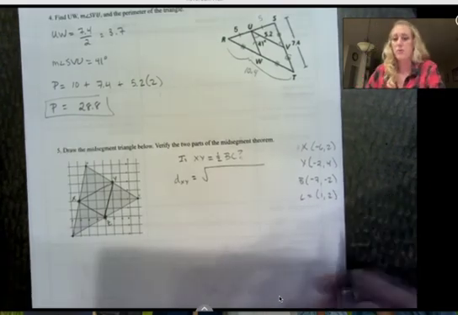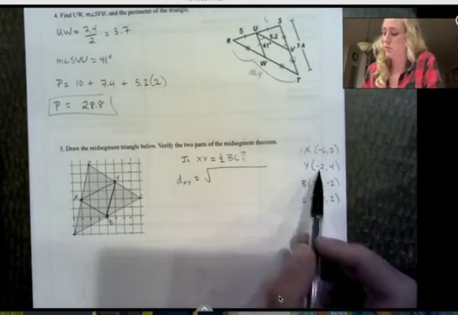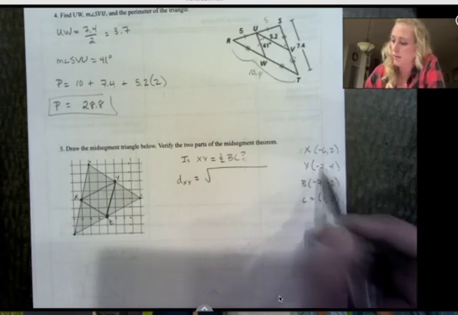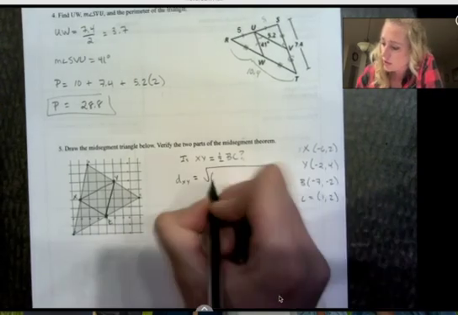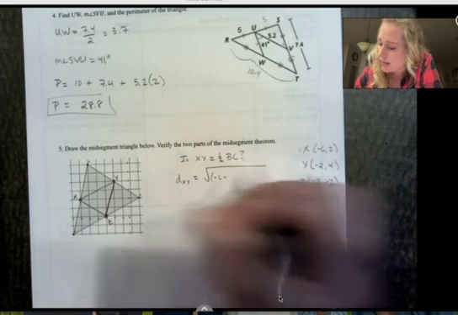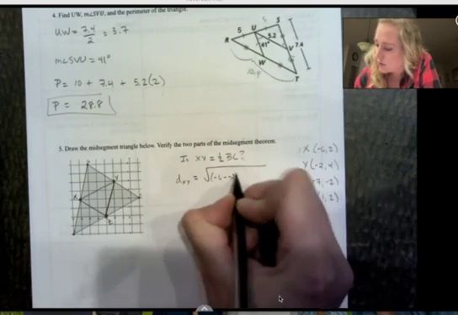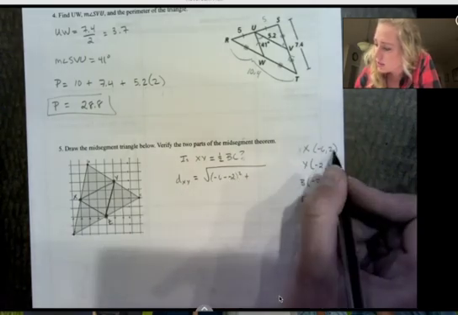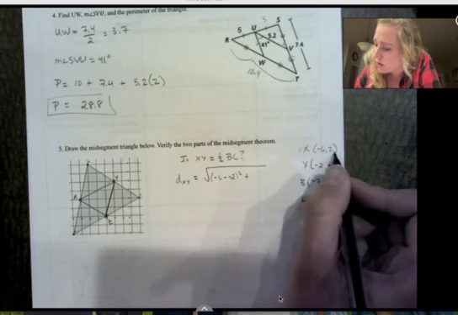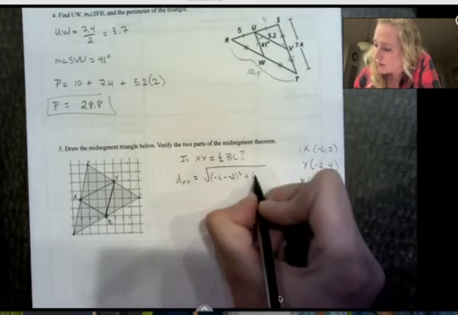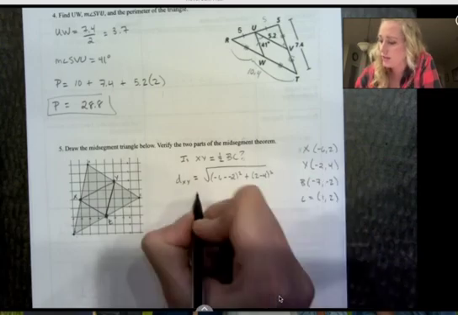All right, so we are finding the distance from X to Y. So I'm going to use my distance formula. So -6 minus -2 squared plus 2 minus 4 squared. Okay, simplify.